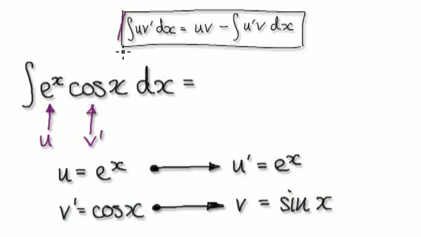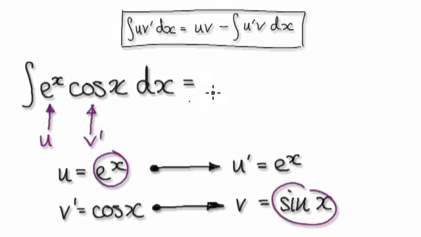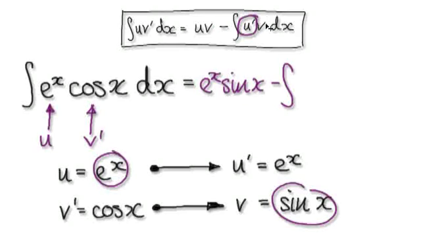So now just follow this formula. Following this formula, it would be u times v. So that would be e to the x sine x, and then you've got a minus here, minus the integral of u prime, which is this. It doesn't become any simpler.